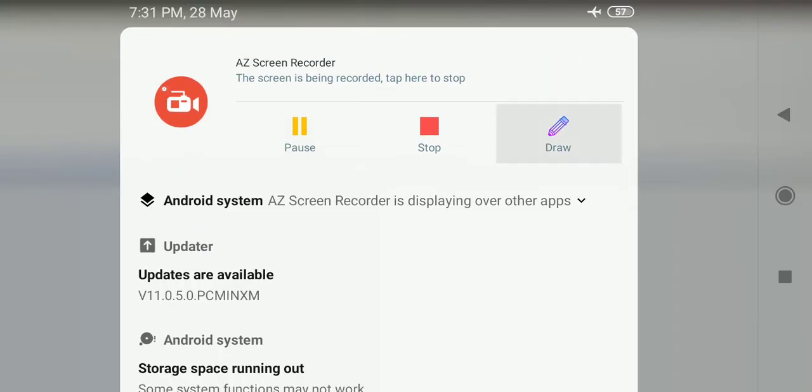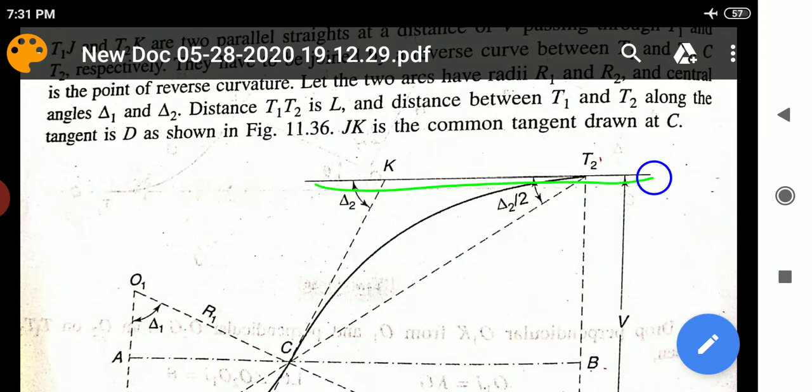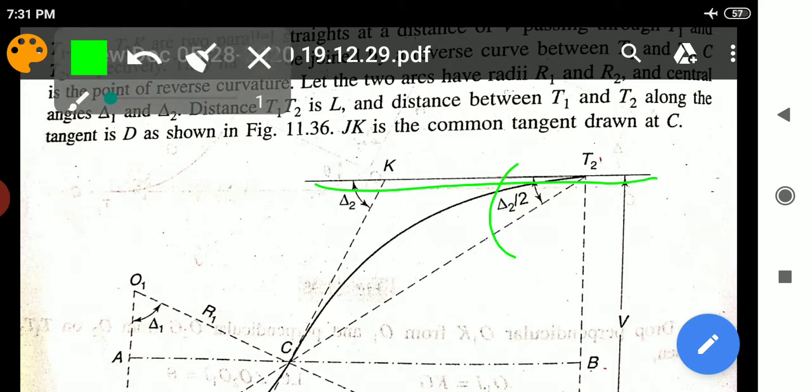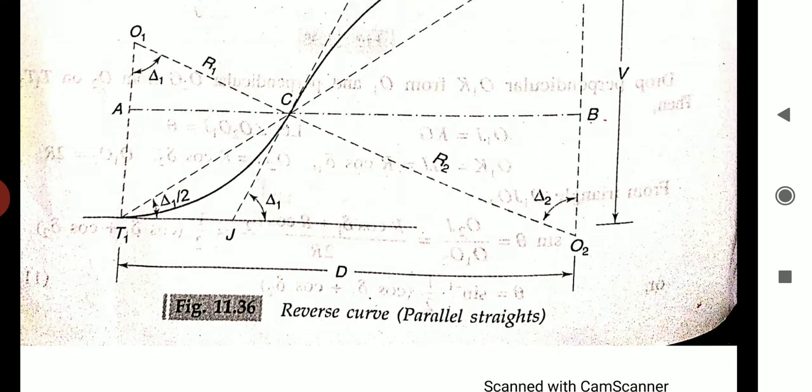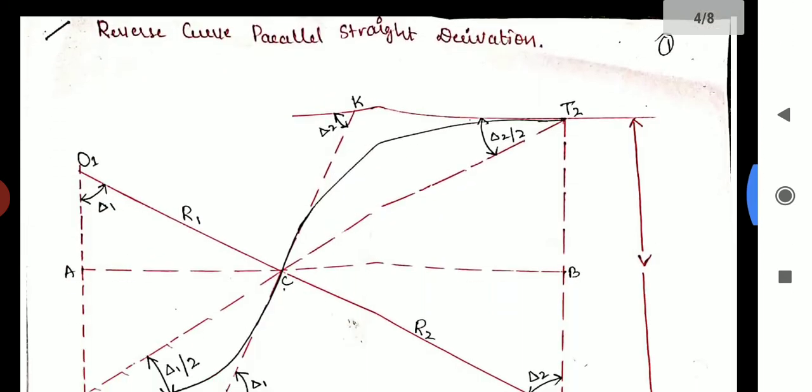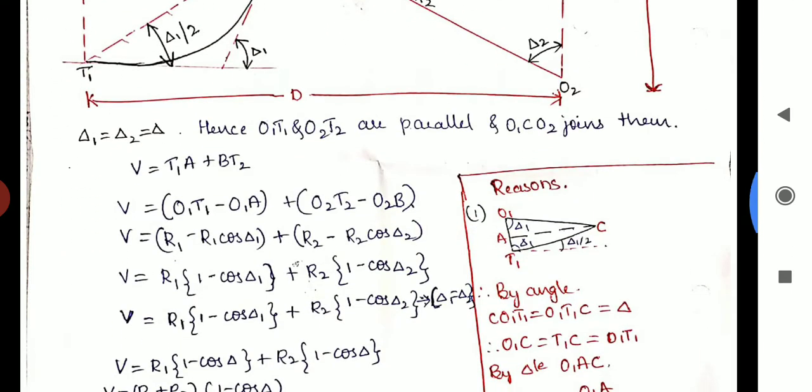See here, parallel straights corresponding to the second curve, and delta 2 is the second angle. Okay, then T1J is the first tangent of the first curve, and we will discuss derivations. See here, please check the diagrams.